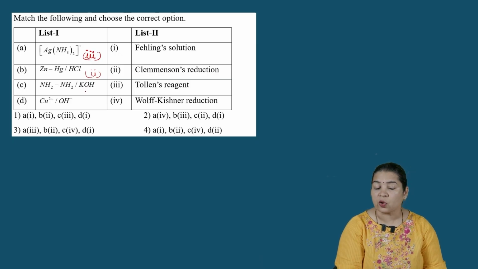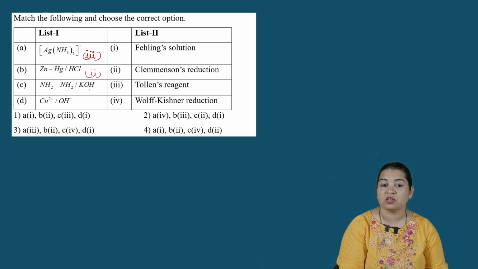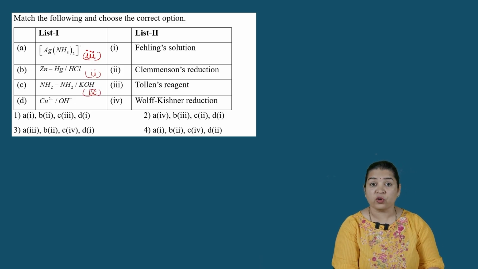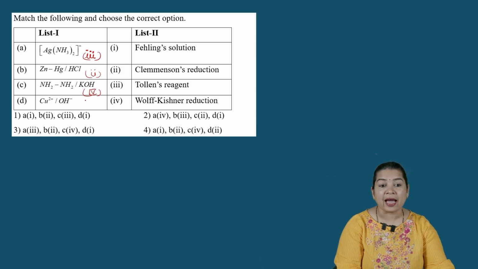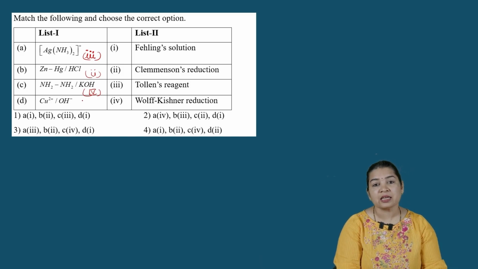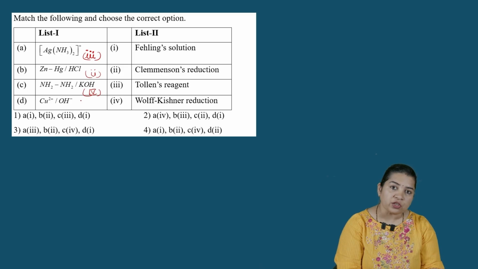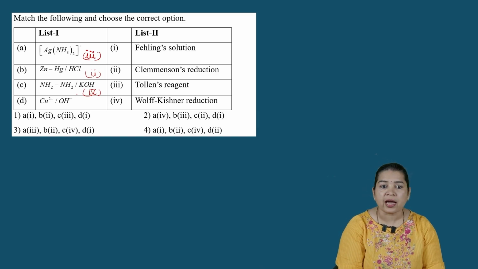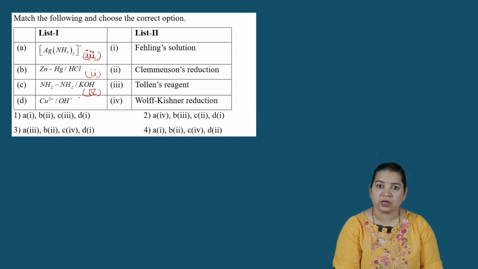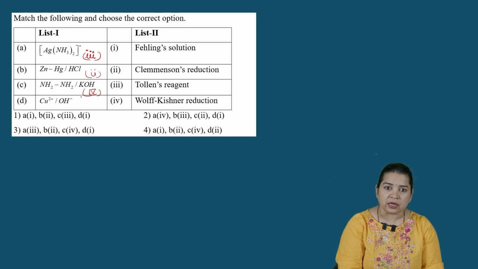Hydrazine and KOH is the reagent for Wolff-Kishner reduction. If you remember, both B and C are basically methods of reduction of aldehydes and ketones to hydrocarbons, but B, that is Clemmensen, is used under acidic conditions, and this Wolff-Kishner is used under alkaline or basic conditions.